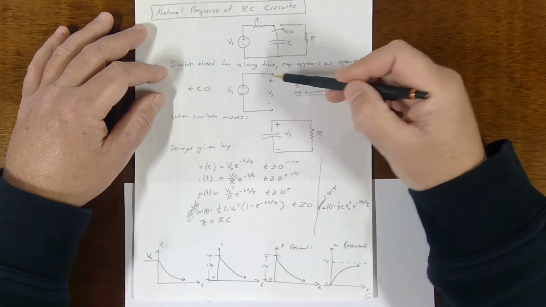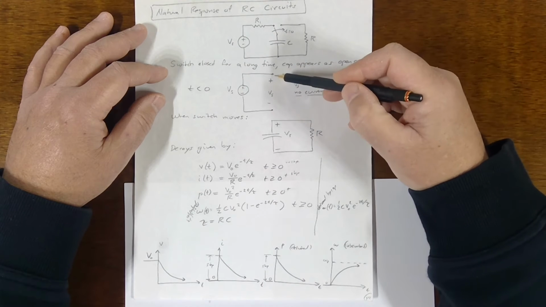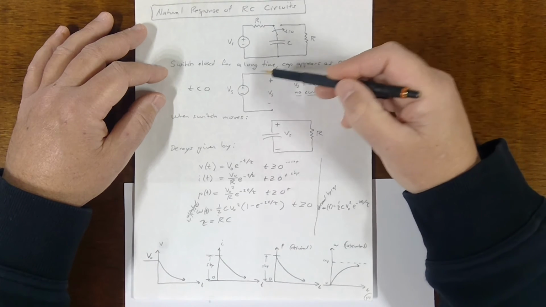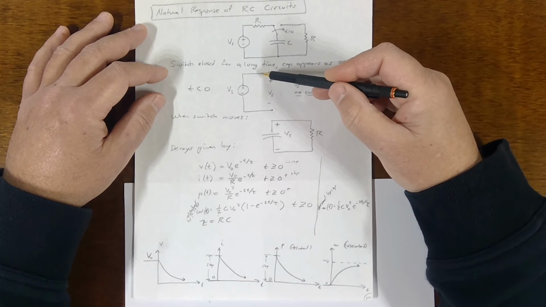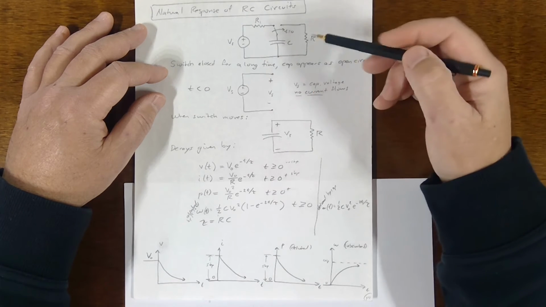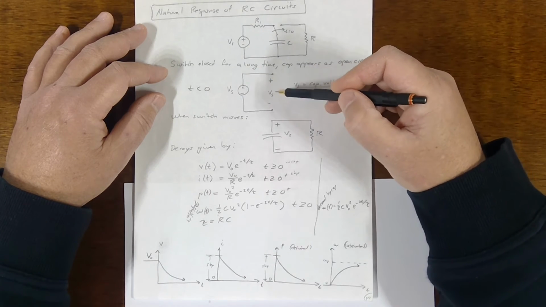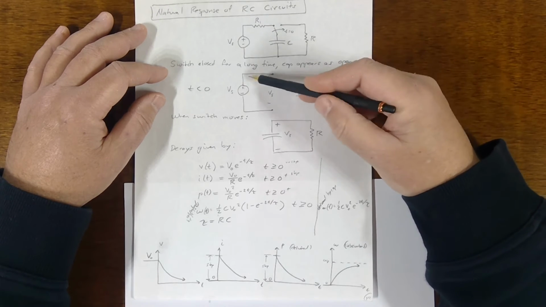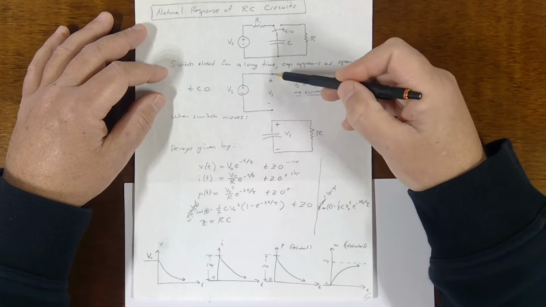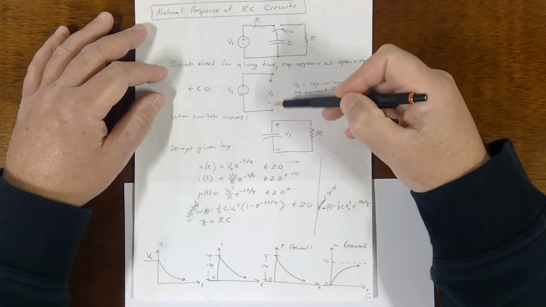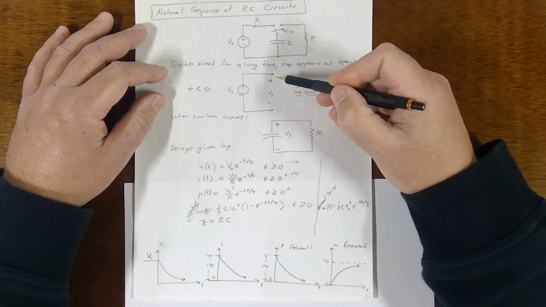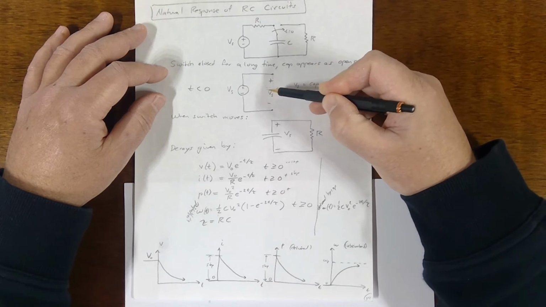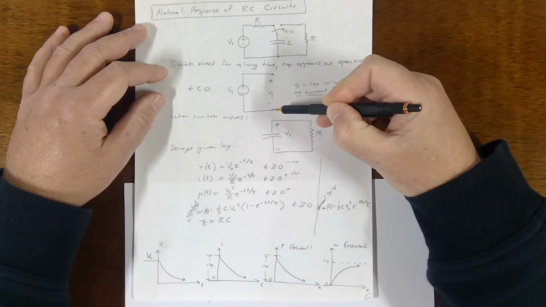That is, the voltage in the cap will be constant. And because it's constant, that means the current will be 0, remember for a cap, the current is proportional to the derivative of the voltage. And the cap, which is still here, is behaving as if it were an open circuit. You could draw it like that.